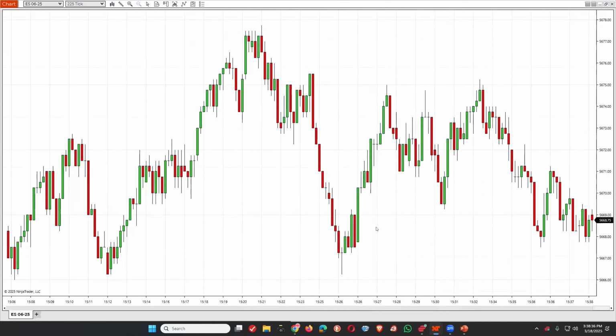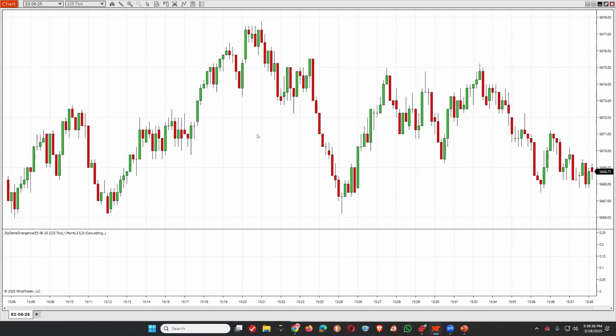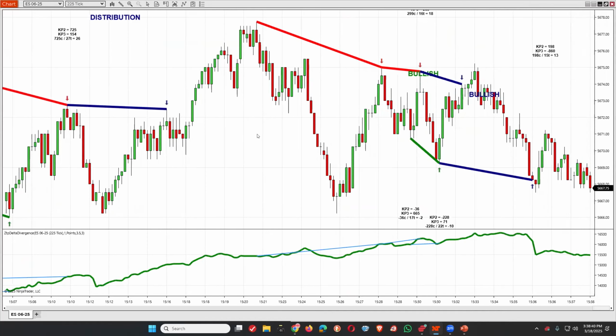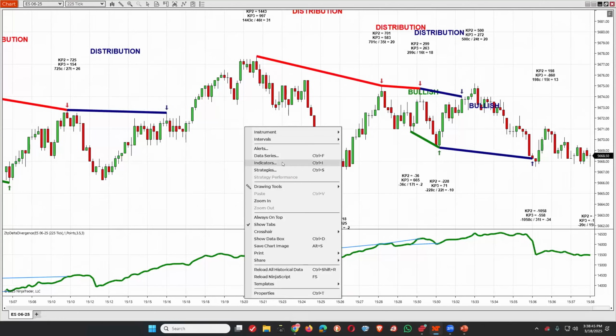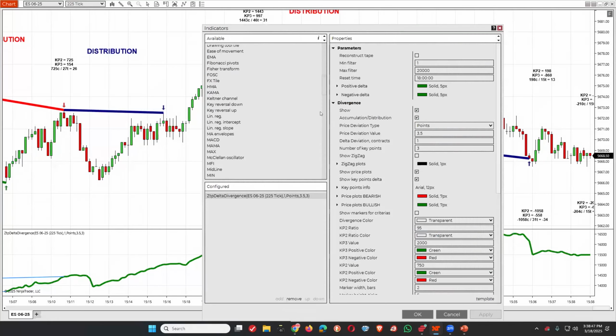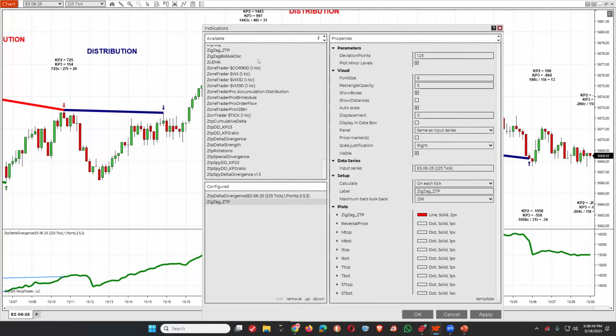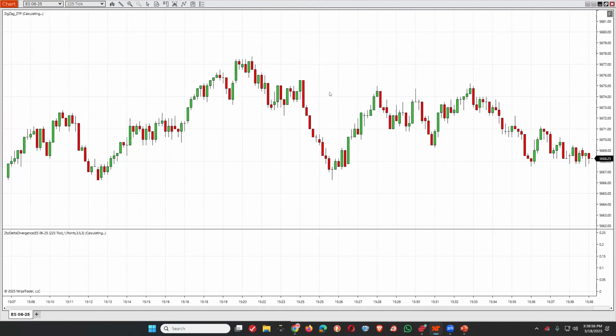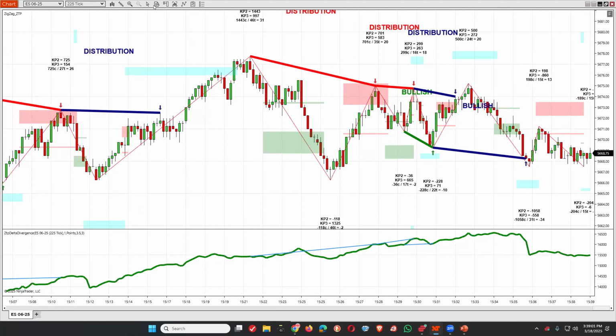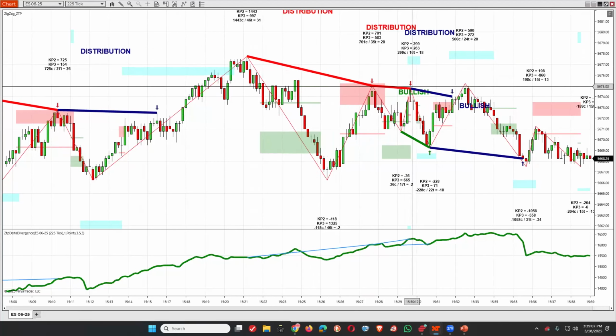And I can just pull this up and show you real quick. So here is the divergence indicator working on the ES. And so basically what it did is it found distribution here and here.